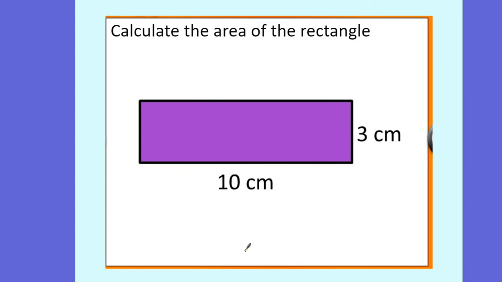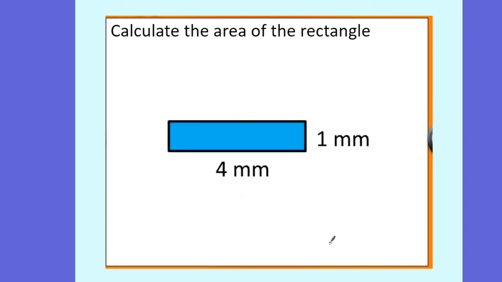Give me the area of this rectangle. Again, we're doing base times height. 10 times 3 will give me 30, and this time my unit is centimetres squared. How about this one? Again, base times height. 4 times 1 gives me 4, so I've got 4 millimetres squared.